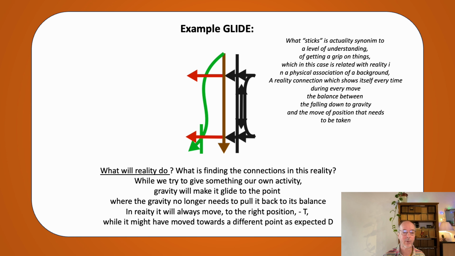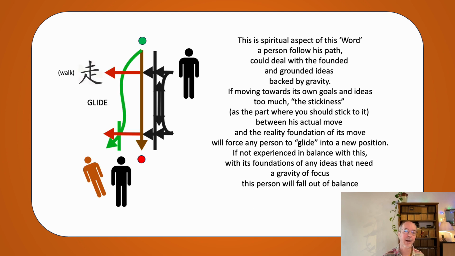In reality, it will always move to the right position, the T, while it might have moved to a different point as expected, or D. That's what I wrote down there. But I already mentioned just slightly the spiritual aspect, what words also can give. So the spiritual aspect of this word glide has this idea of gravity in it, so I found it interesting.